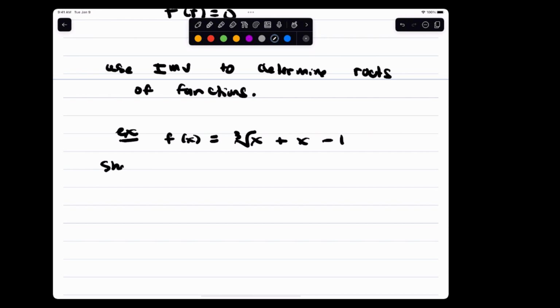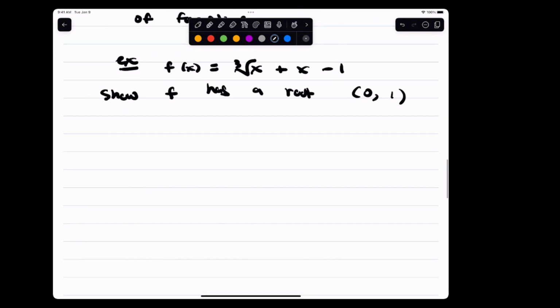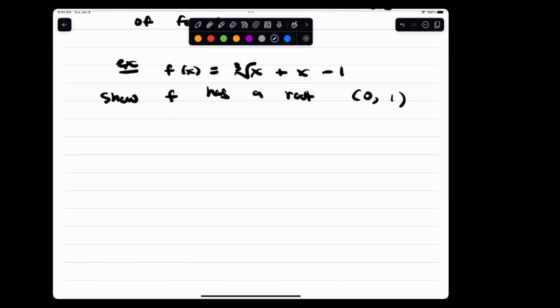They're going to say show f has a root in the interval 0 to 1. Very, very popular kind of question here.